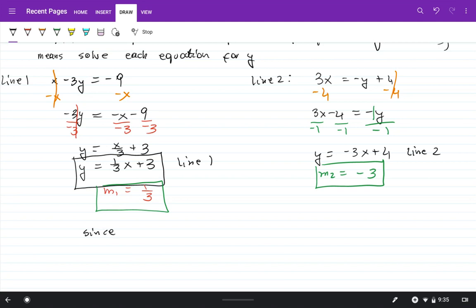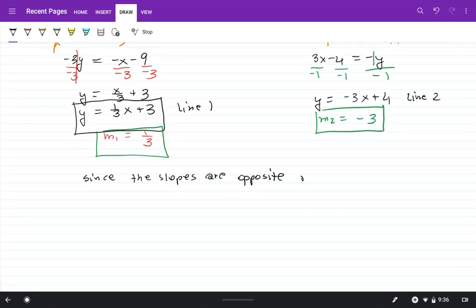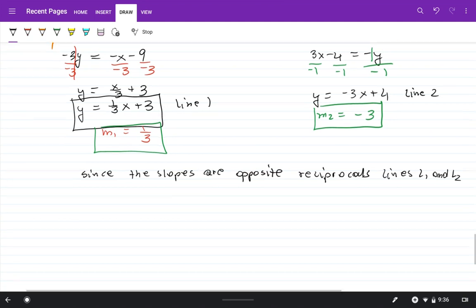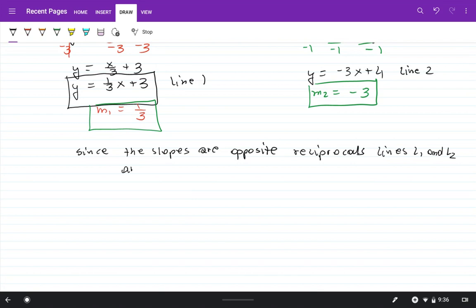So since the slopes are opposite, meaning one positive, one negative, and reciprocals, lines L1 and L2 are perpendicular.